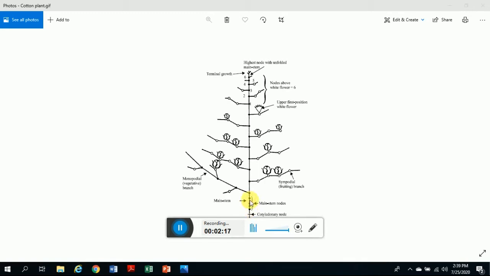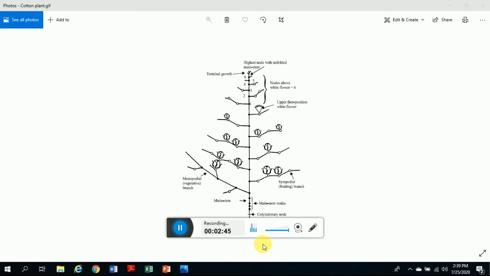So when we calculate the total number of nodes starting from the first node of the main stem: 1, 2, 3, 4, 5, 6, 7, 8, 9, 10, 11, 12, 13, 14, 15, 16, 17, 18, and this one is 19, the terminal node. In this case, it is 19 nodes. So we multiply 19 with 2.5.